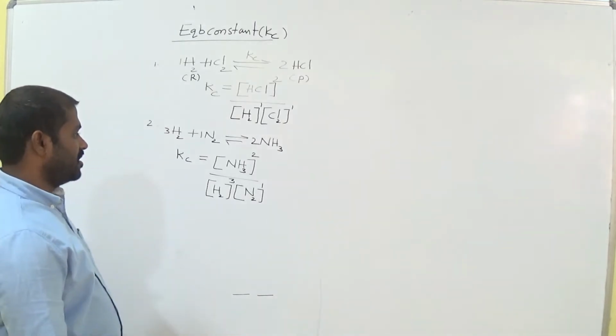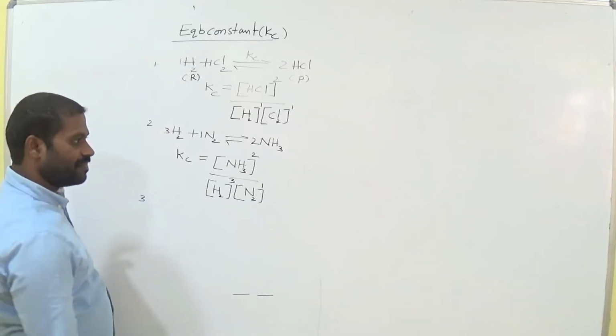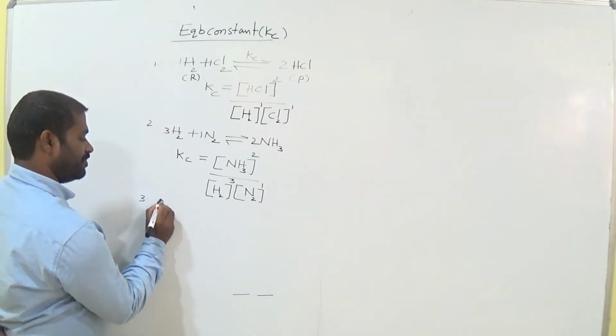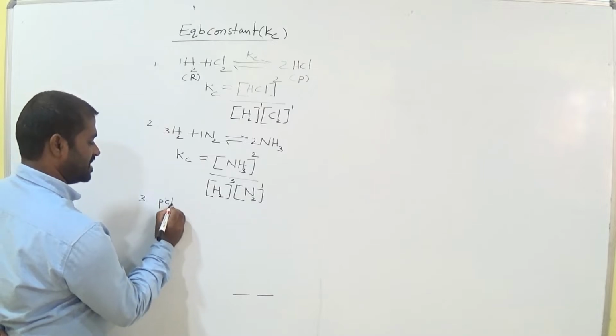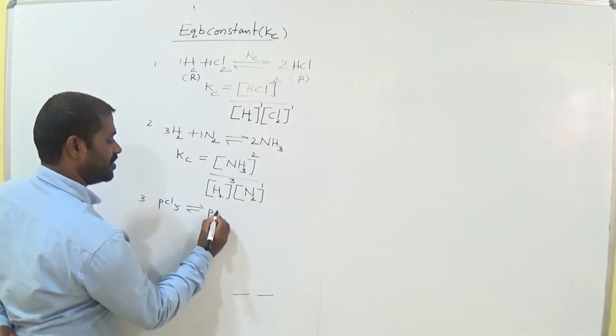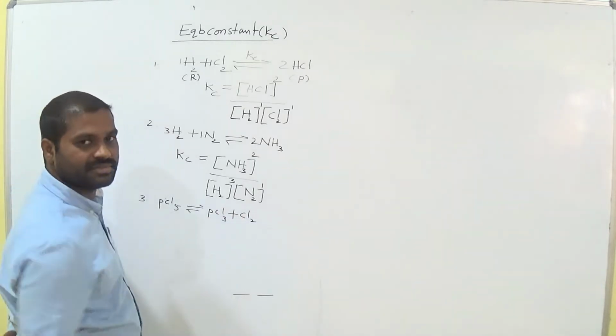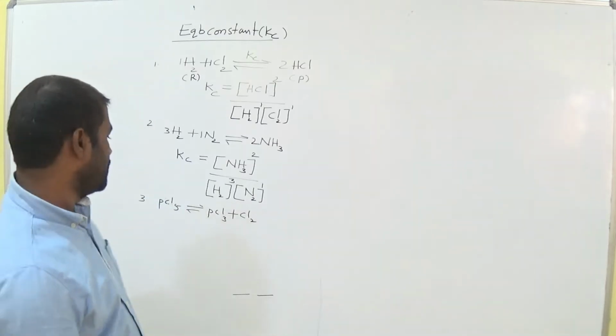Okay. And come to the third example. PCl5 is reversible to PCl3 plus Cl2. Okay.